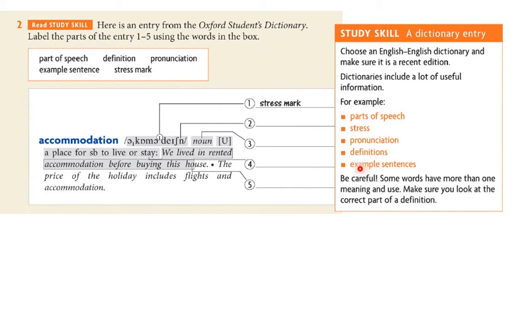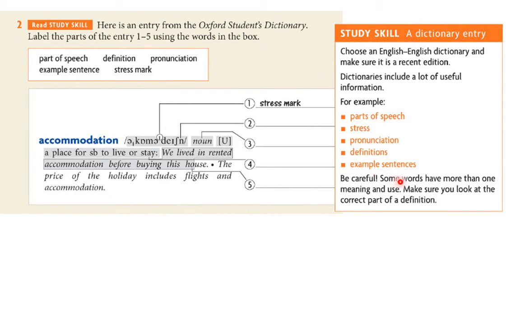And also we have example sentences. Here the example sentence is: we lived in rented accommodation before buying this house. And another example: the price of the holiday includes flights and accommodation.